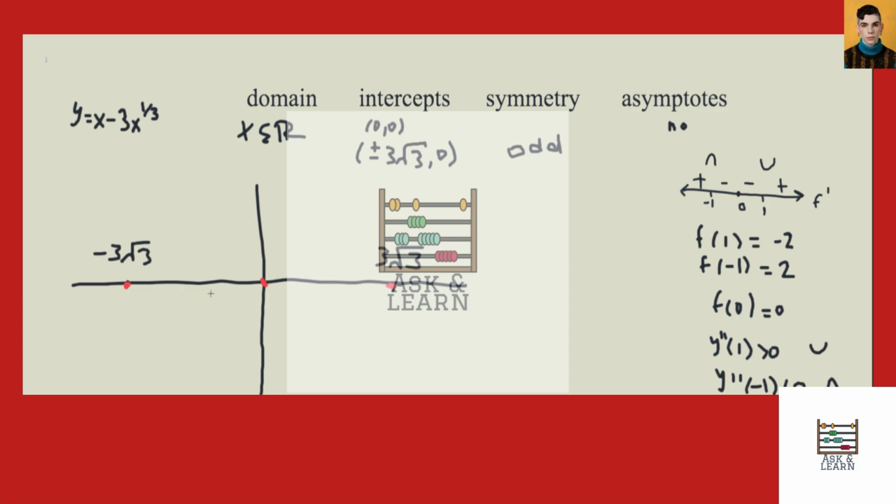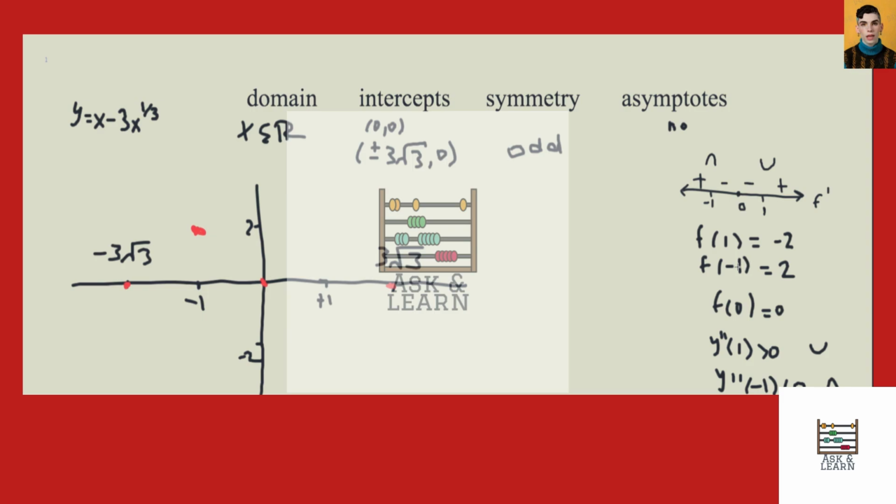And now we see that at negative 1, we have (negative 1, 2), a max. So this is 2, and let's say this is negative 2. Oh, let's say this is negative 1 and this is positive 1. Oh, my bad. Negative 1, positive 1. And here we have a max.